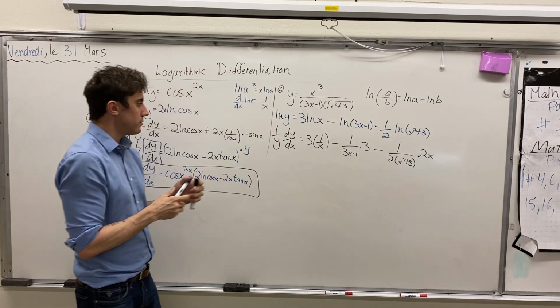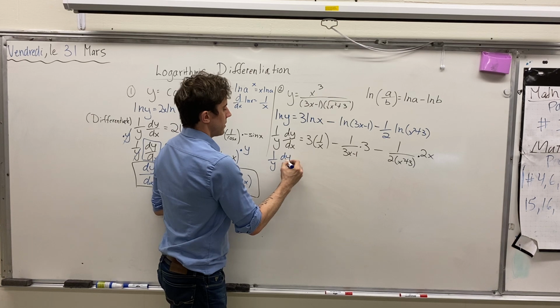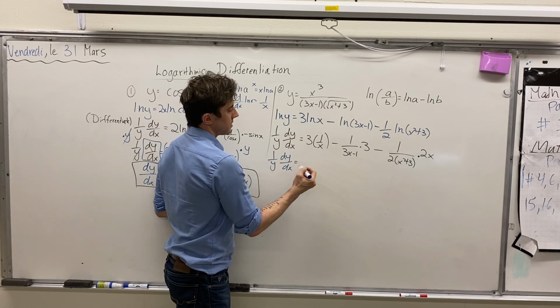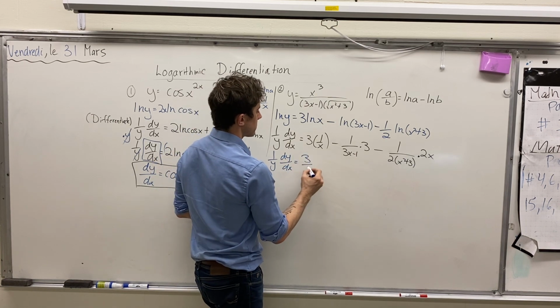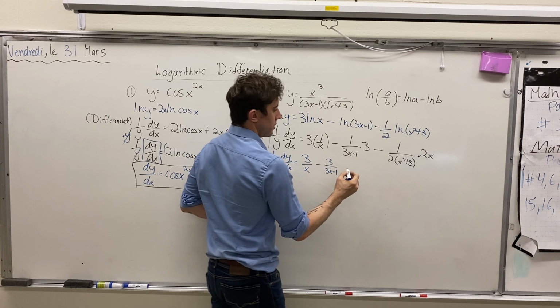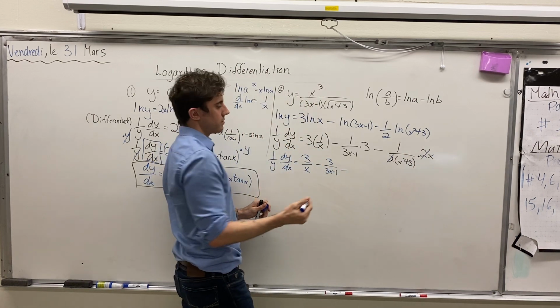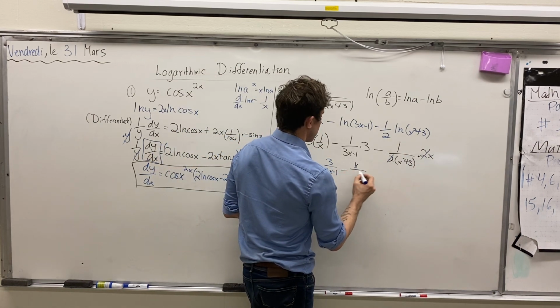Okay, and now we're almost done. We have 1 over y dy dx is equal to 3 over x minus 3 over 3x minus 1 minus the 2 on the bottom and the 2 on the top. Those can cancel out, and so we'll have x over x squared plus 3.